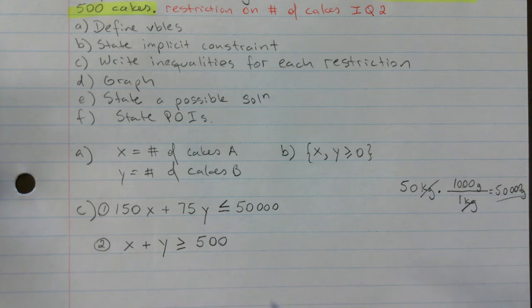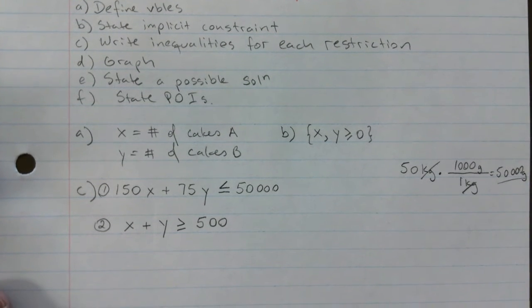That's right. Does that make sense? Because what does X represent? The number of cakes A, right? And Y represents the number of cakes of the B type, right? So if you add it up, whatever combination, that has to be greater than or equal to 500.